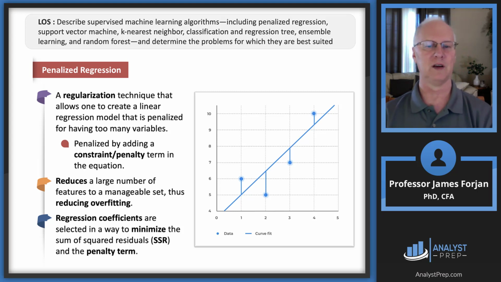So look at the last curved arrow point. Regression coefficients are selected in a way to minimize the sum of the squared residuals, which we've done 100 times before, plus the penalty term. So we're penalizing it, and we're saying, look, if you're going to be there, then you better perform.